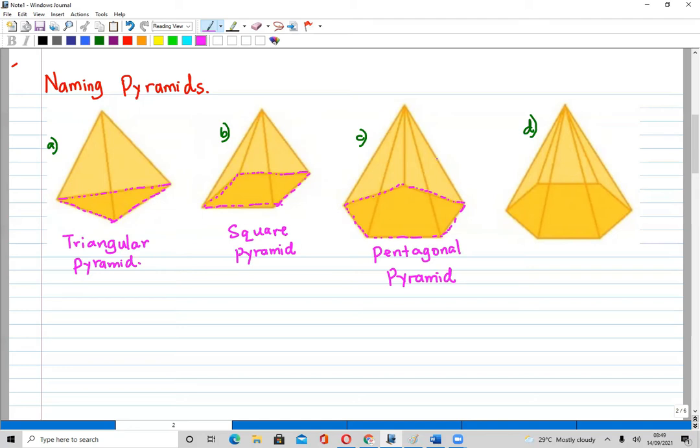Now, for part D, what polygon do we have? Let's see how many sides. 1, 2, 3, 4, 5, and 6. So we know that a 6-sided polygon is called a hexagon. So this pyramid, we call it a hexagonal pyramid.